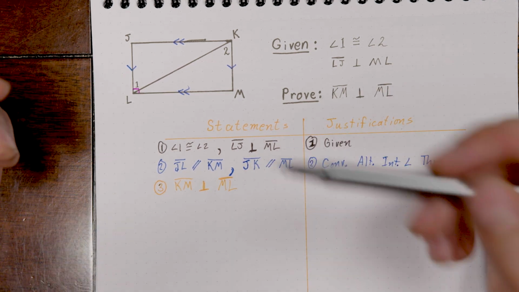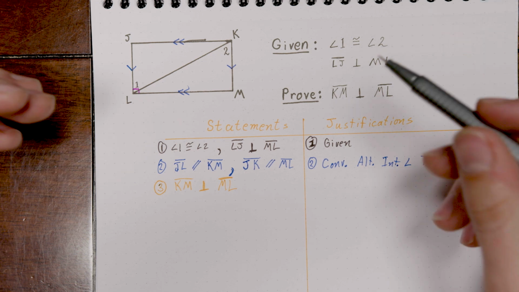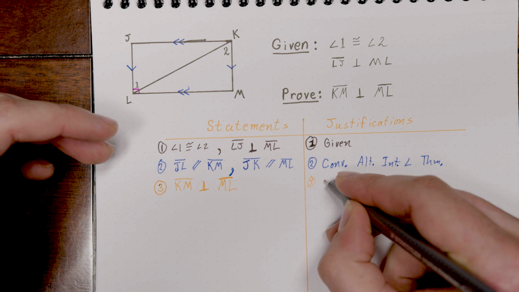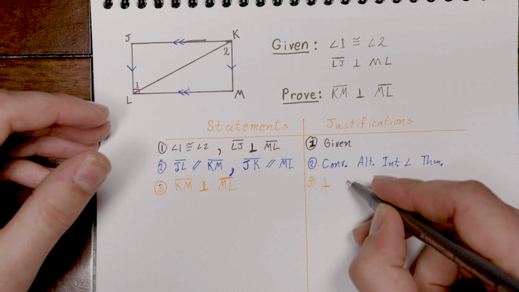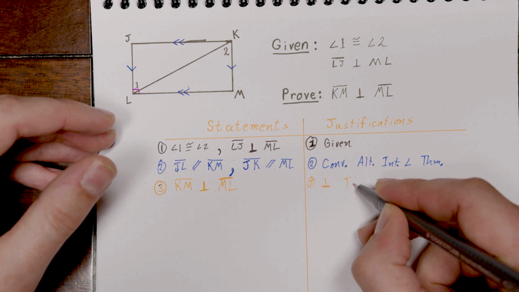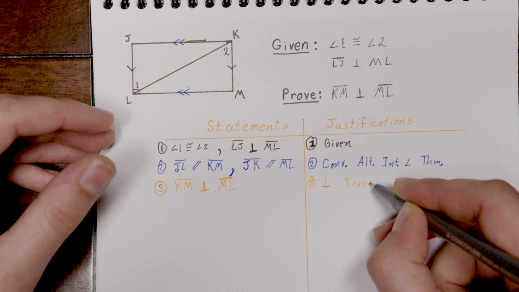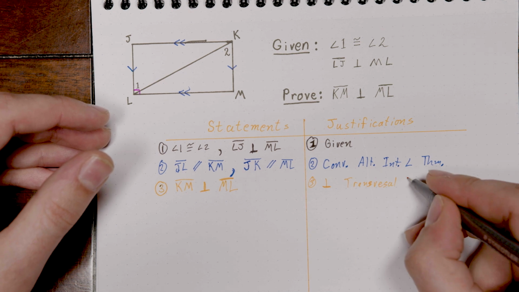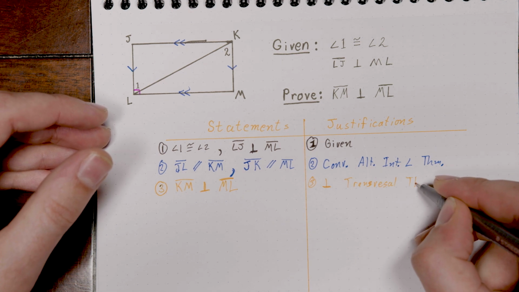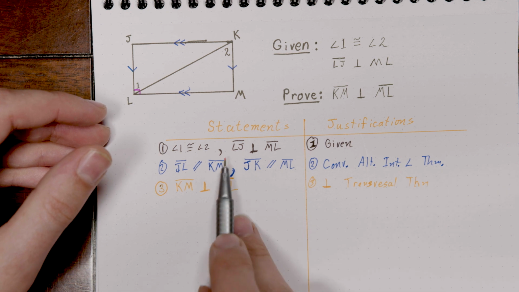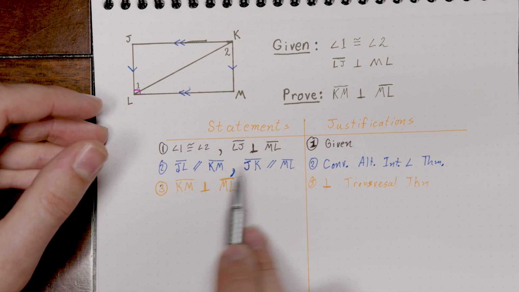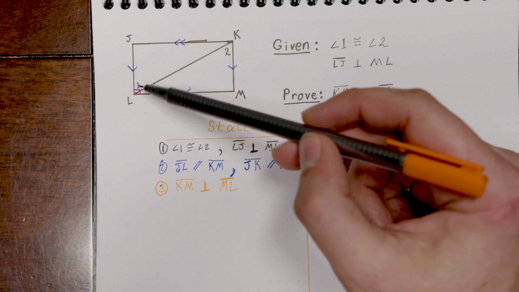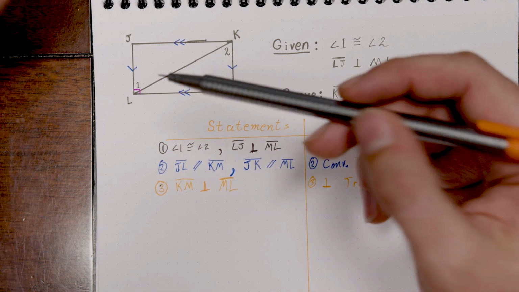We can say that because of a theorem that we've already learned, the perpendicular transversal theorem. We're using this piece of information along with this piece of information.